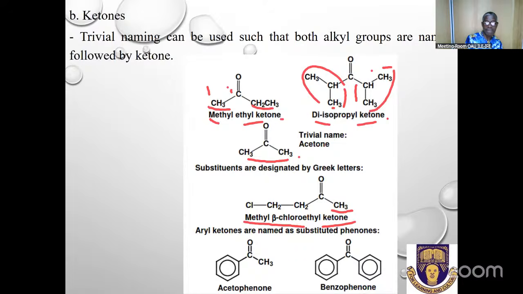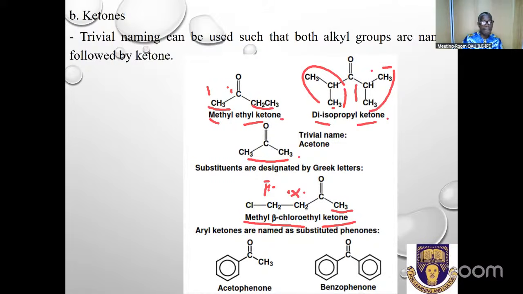The first carbon joining the functional group is called the alpha carbon, and the second carbon away from the carbonyl functional group is called the beta carbon. So the chlorine is attached to the beta carbon, and that's why it is called trivially methyl beta chloroethyl ketone.